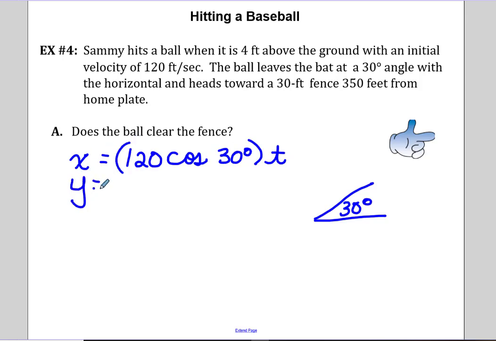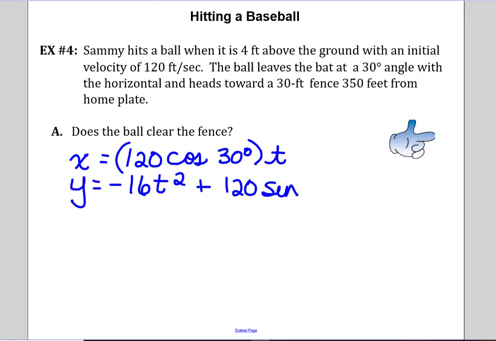And our y value would be the position formula, so negative 16t squared, and then vertically we would want sine to be the vertical, so 120 sine of 30 degrees times t, and the ball was hit from 4 feet above the ground, so that would be our parametric equation.